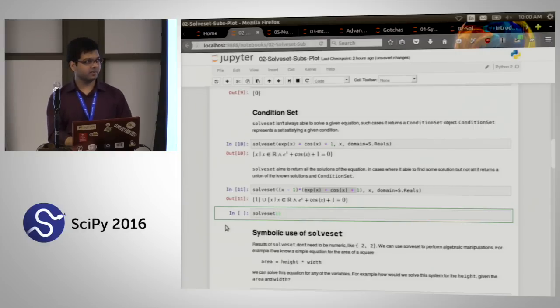No, it won't give not implemented, I guess. Condition setting. What's the equation again? Zeta of x. Zeta is probably defined, right? Of x equal.